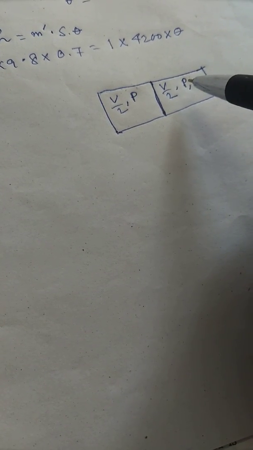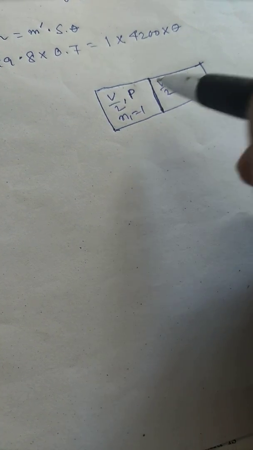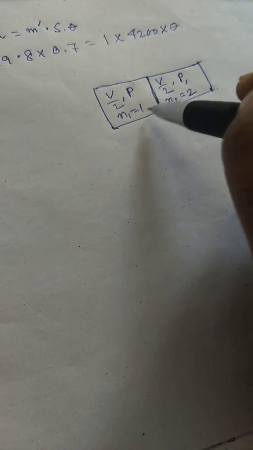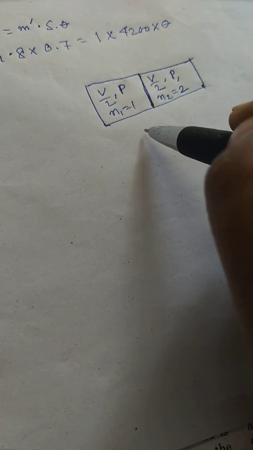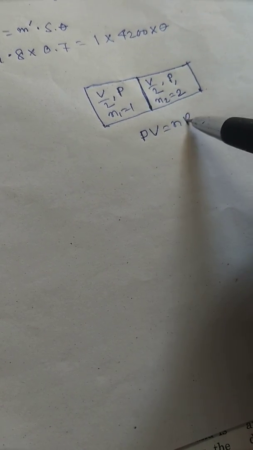and temperature has not been given. Its number of moles is 1 and its number of moles is 2. So it is clear that as the gas is ideal, it will follow PV = nRT, right?